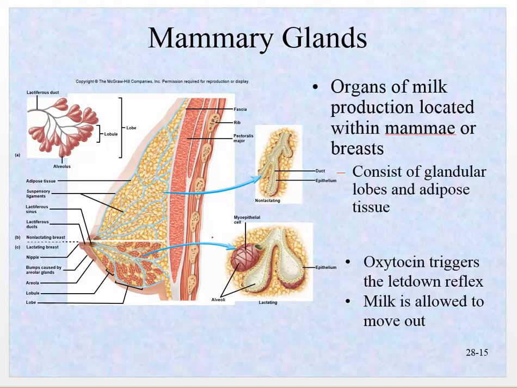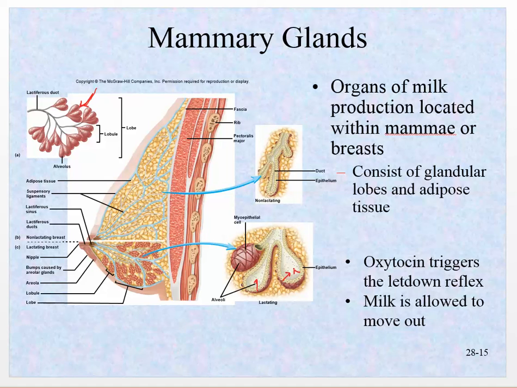And so during that time, there are these things called alveolus. I know we talk about alveoli in the lungs, but alveolus refers more to shape than actually what it is, so it gets that name a lot. But there are alveoli in the breast that start to develop during the entire time of pregnancy, and they're specialized cells that are able to produce milk.